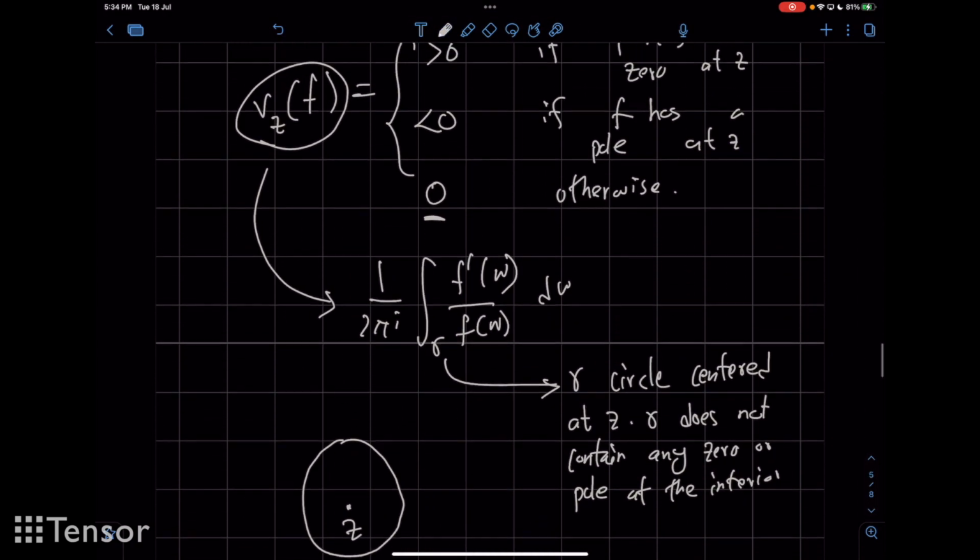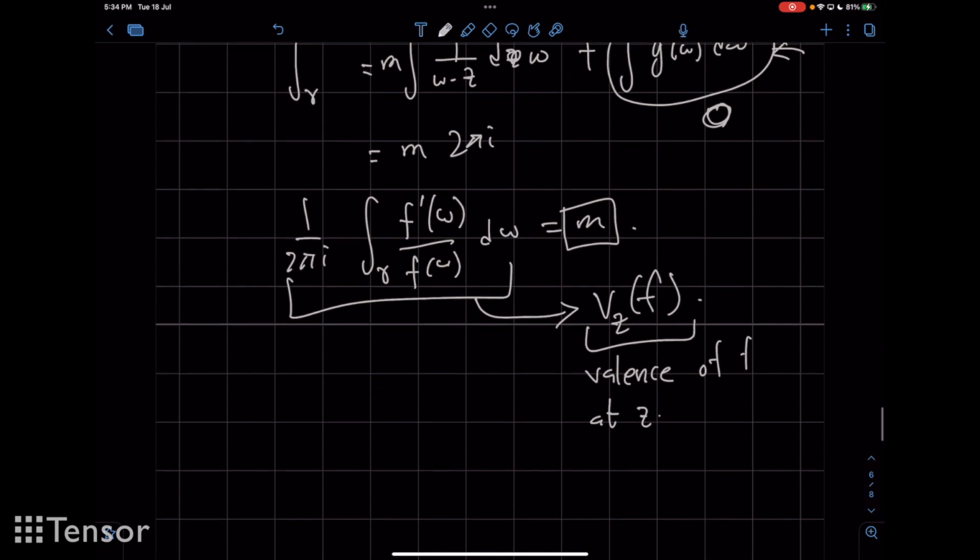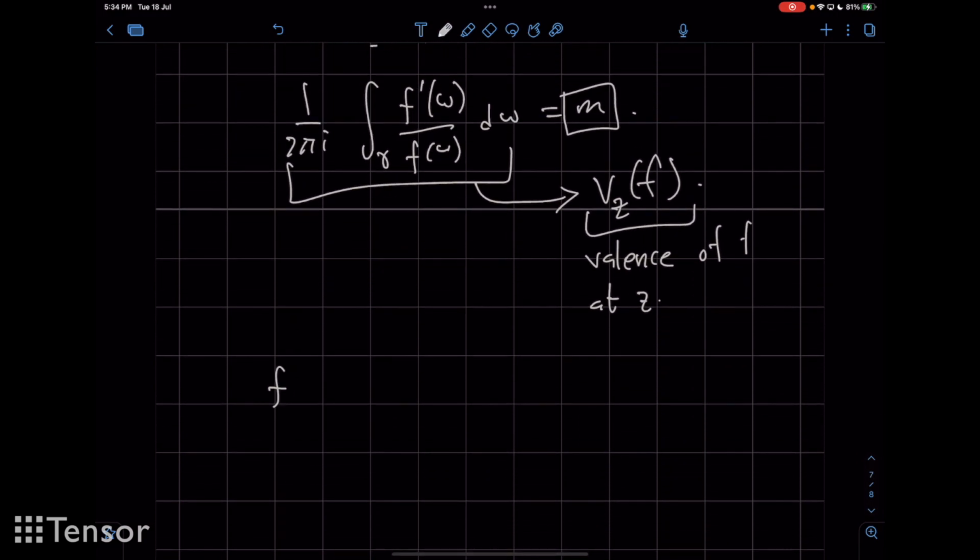Well, the answer is, given f, we can define f tilde. F tilde of e to the 2 pi i z is equal to f of z.